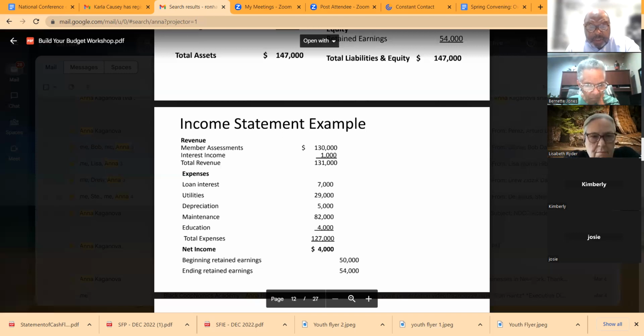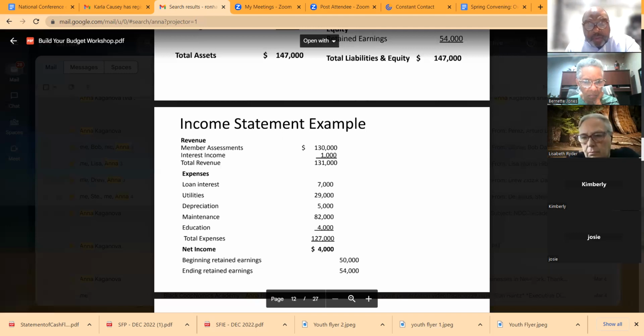So here you subtract 127 from 131 and you get the $4,000 net income. Beginning retained earnings, again, is the equity that you bring in, which is $50,000. You add that to your net income, and your ending retained earnings is now $54,000.